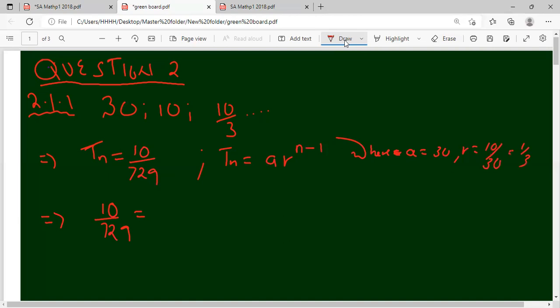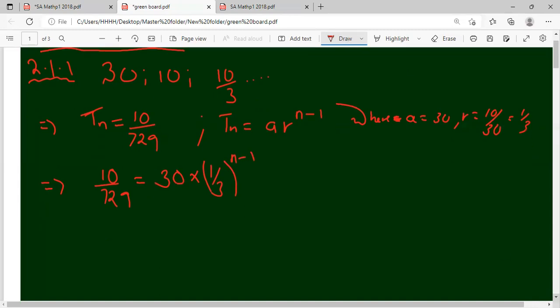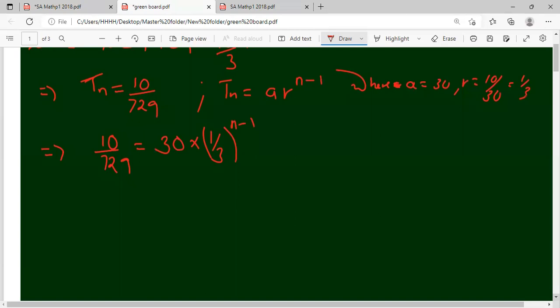So this is equal to 30 multiplied by 1 over 3 to the power n minus 1.